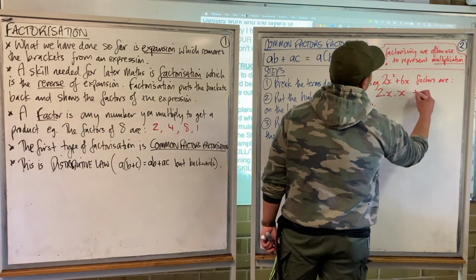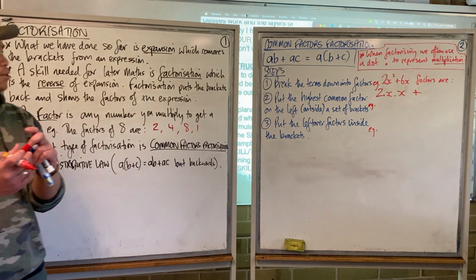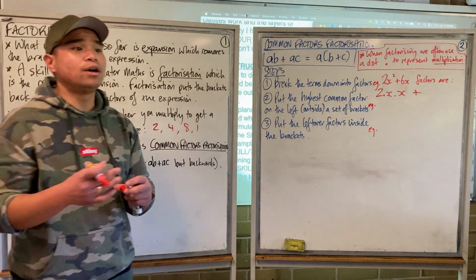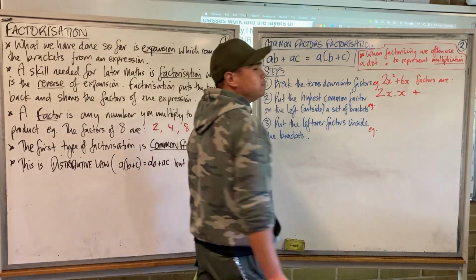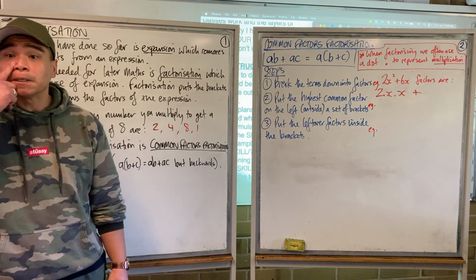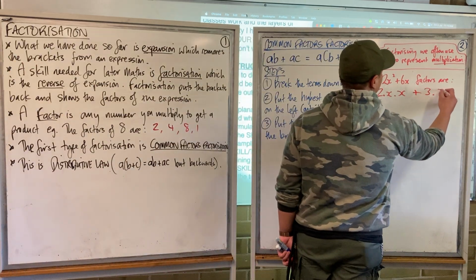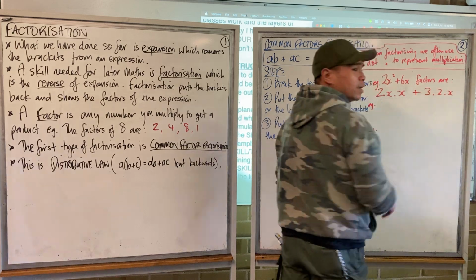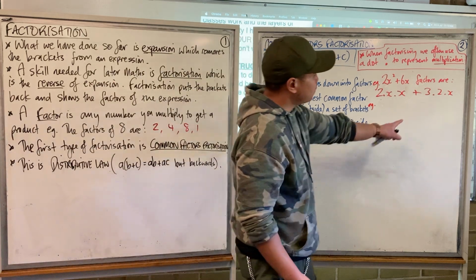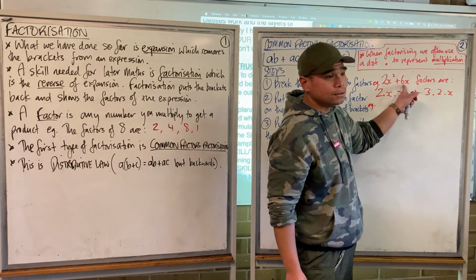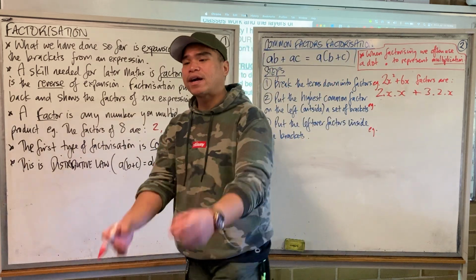Plus, what things could I break 6x into? 6·x, but let's be smart about it because I've got a 2 here. What do I times 2 by to get 6? Good. So I can break it down into 3·2·x, and hopefully you agree with me that 3 times by 2 gets you 6. And if I times 6 by x, does that give you 6x? Yes. I've factorized it down.